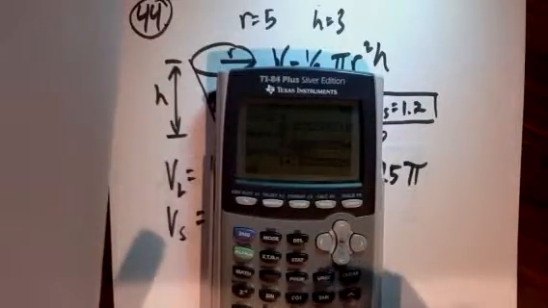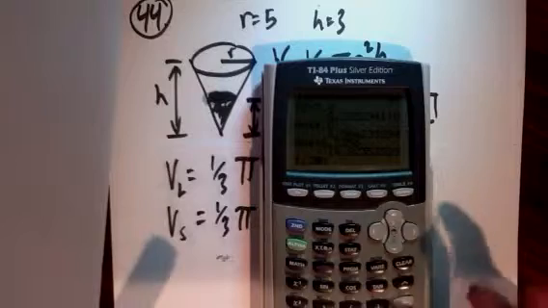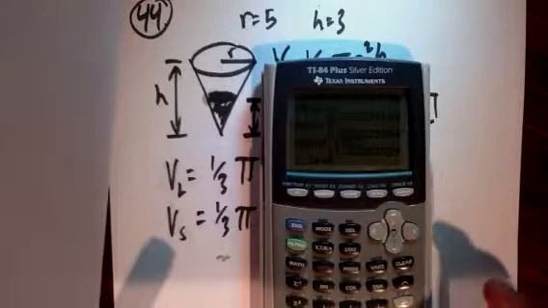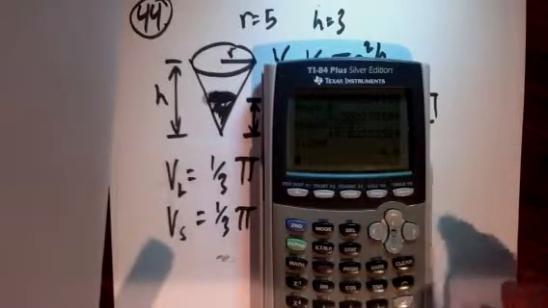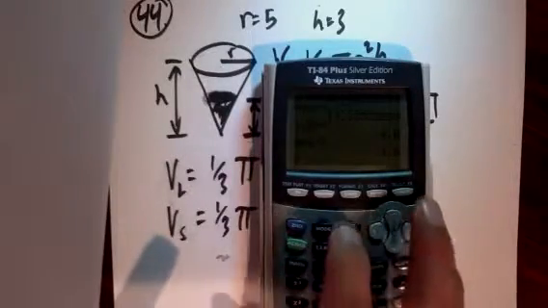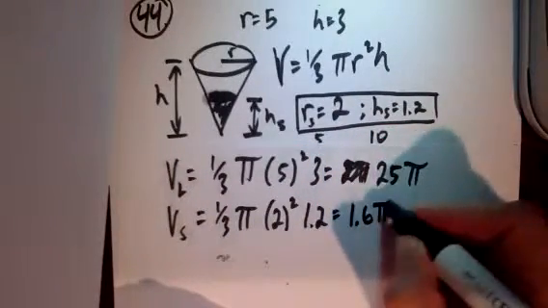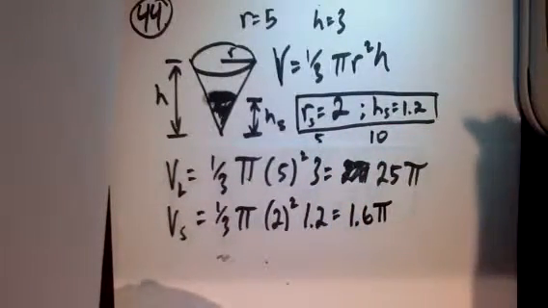So we have 1.2 times 4, which is the 2 squared, and you get 4.8. Divide that by 3, you get 1.6. So this is 1.6 pi.